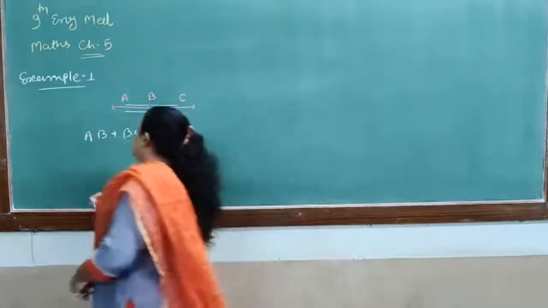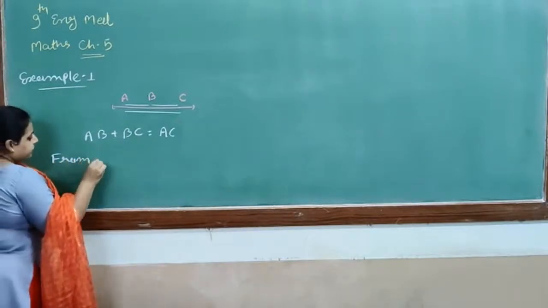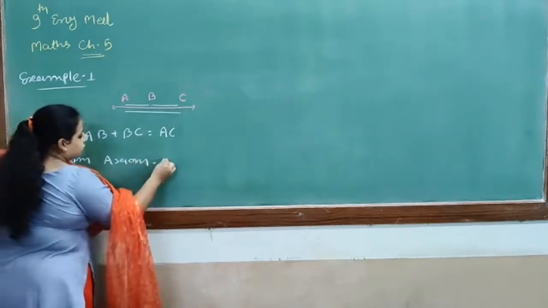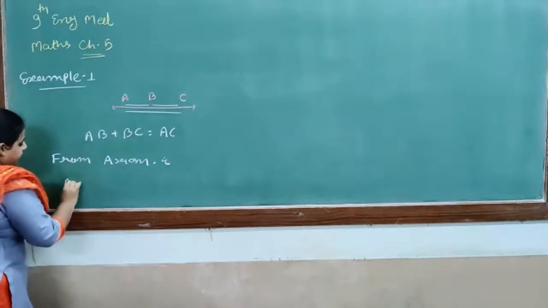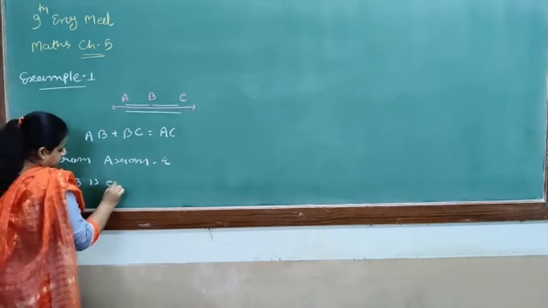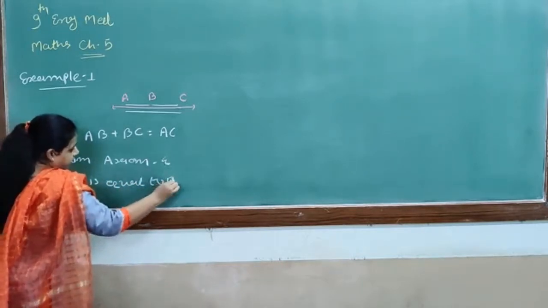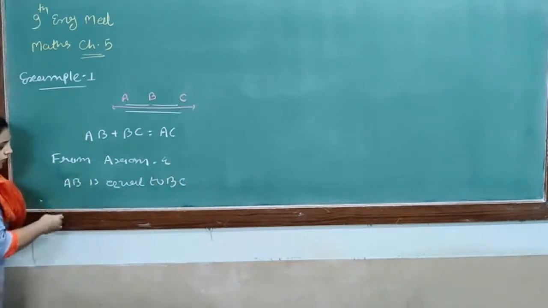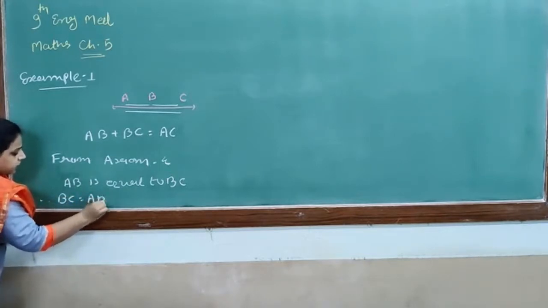So we will say that from axiom 4, AB is equal to BC. So BC equal to AB.